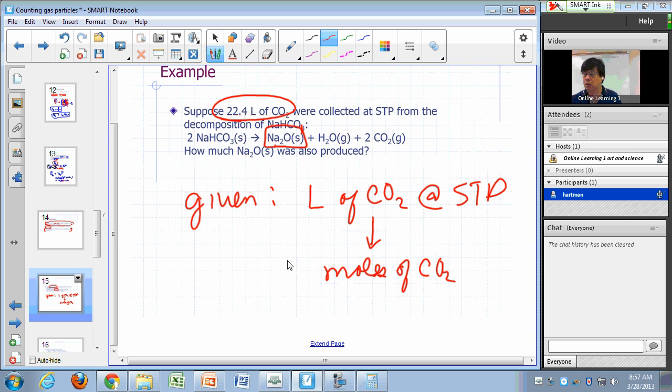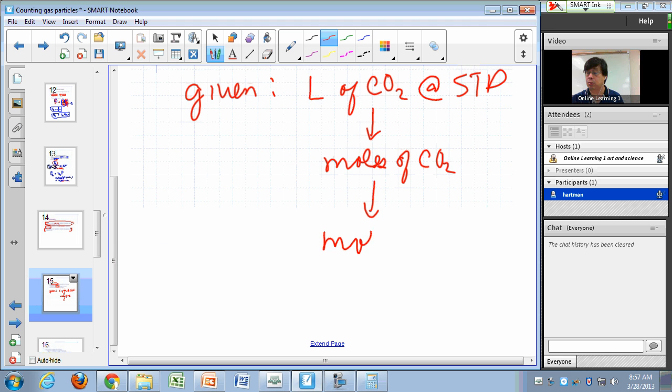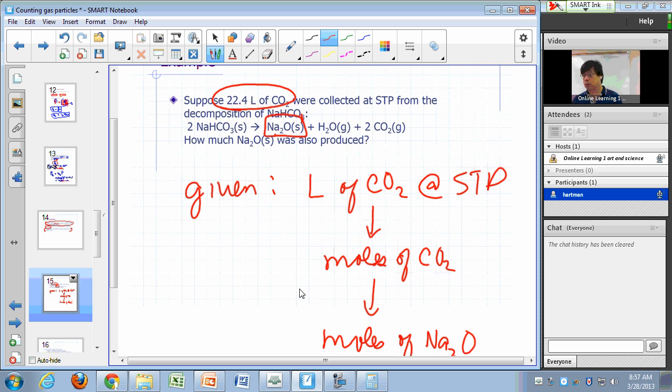Moles of Na2O, so I have to figure out moles of Na2O from that. What information would I need to go from moles CO2 to moles Na2O? I would need the mole-to-mole ratio as given by the coefficients in the balanced equation. You have 2 moles of CO2 gas produced for every mole of Na2O that's produced. So the question here says how much Na2O was produced.